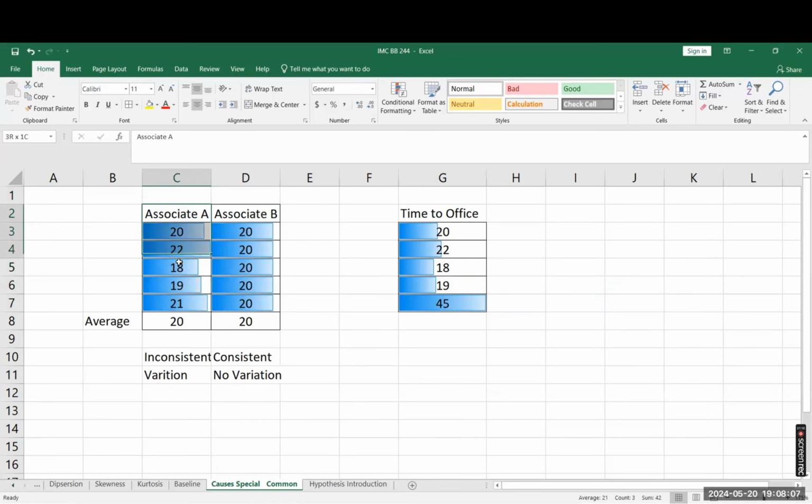But if such is the case, and still one fine day you are taking around 45 minutes to reach the office, what could happen here? Its average will change. Yes, the average will definitely change. The variation you see here is because of the common cause, because every day you cannot reach in exactly 20 minutes.